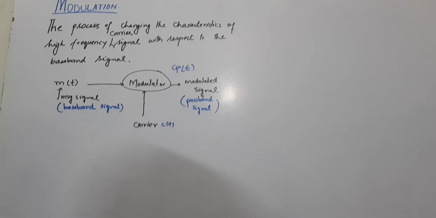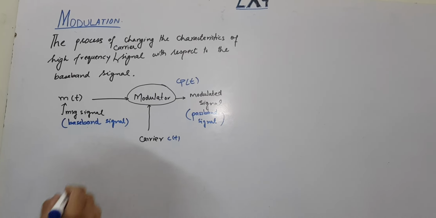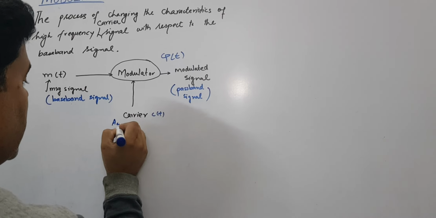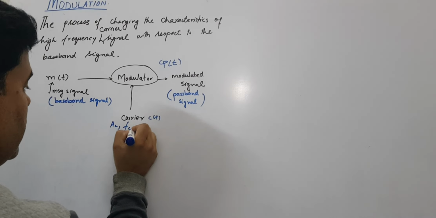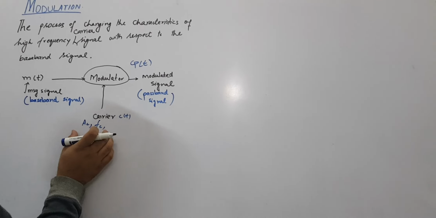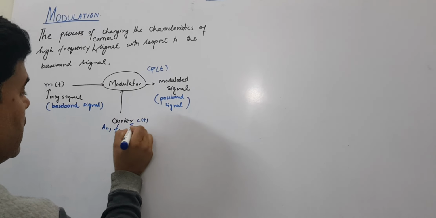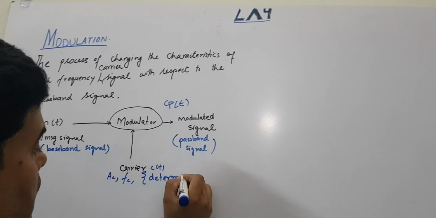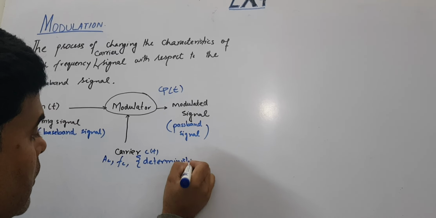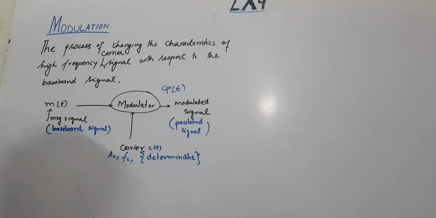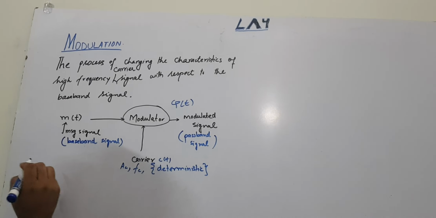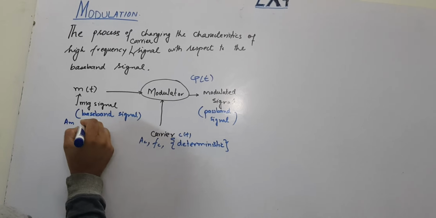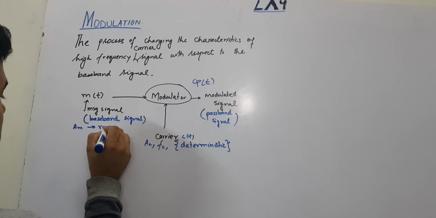You know that the characteristics of the carrier, like the amplitude and the frequency of the carrier, remain constant, fixed, deterministic. But the amplitude of the message signal is random.